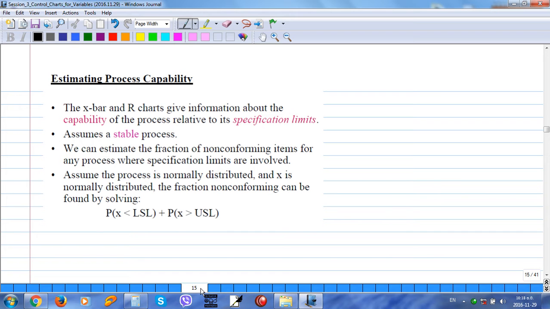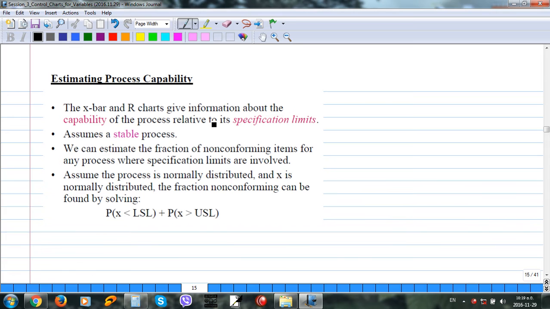Next thing is estimating the process capability. You have to find whether the process is capable, meaning it has high performance and can detect the non-conformities, right? So estimating the process capability, the x bar and r charts give information about the capability of the process relative to the specification limits.